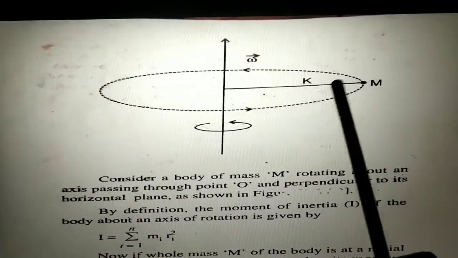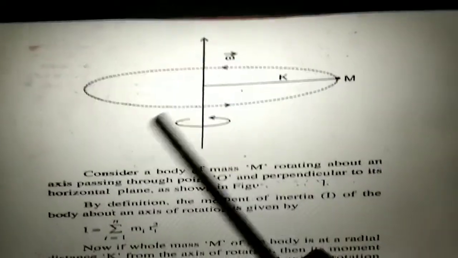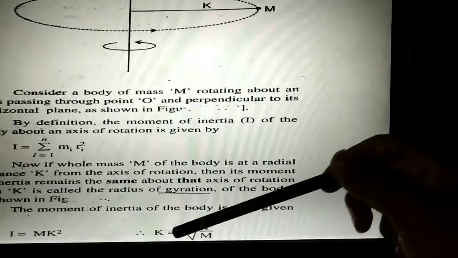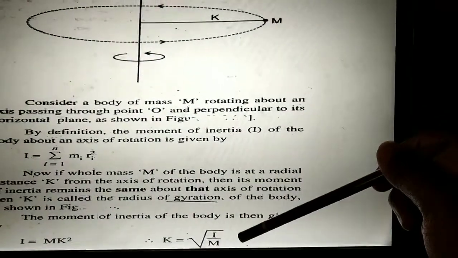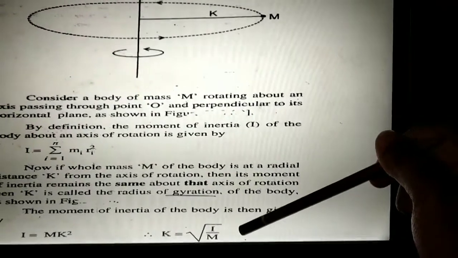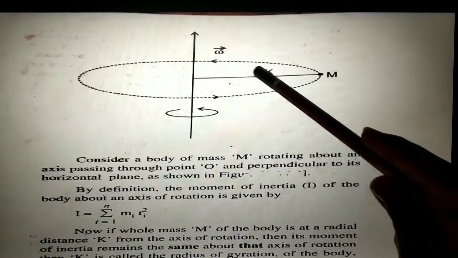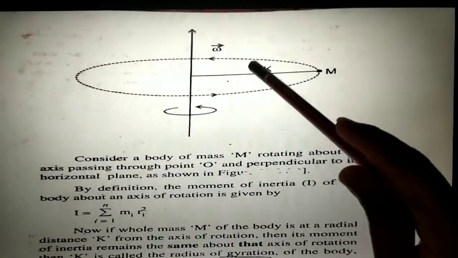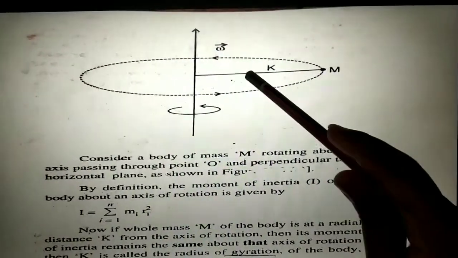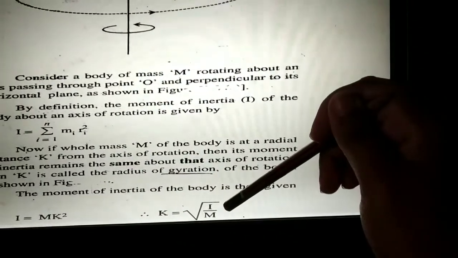If K is larger, then as K and I are directly proportional, the moment of inertia will automatically be large. If the value of K is smaller, suppose the particle was over here, then K is small, and your I will also be small.